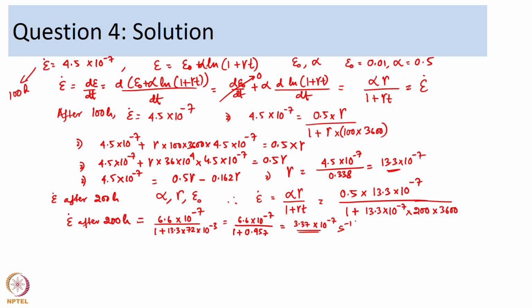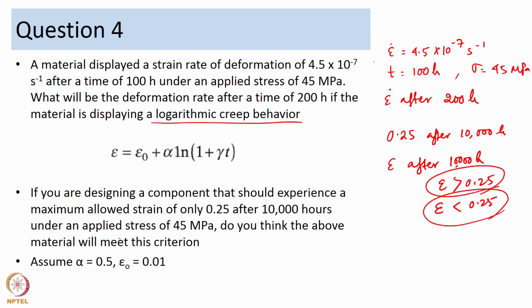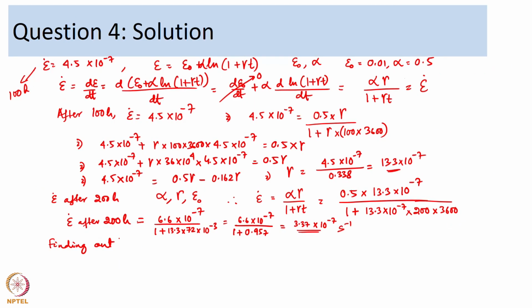Now, let us look at the second bit of the question, which was about finding out if the material is going to experience a maximum strain of only 0.25 or is it going to experience higher after 10,000 hours of operation. So, basically the question is finding out epsilon after 10,000 hours of operation.